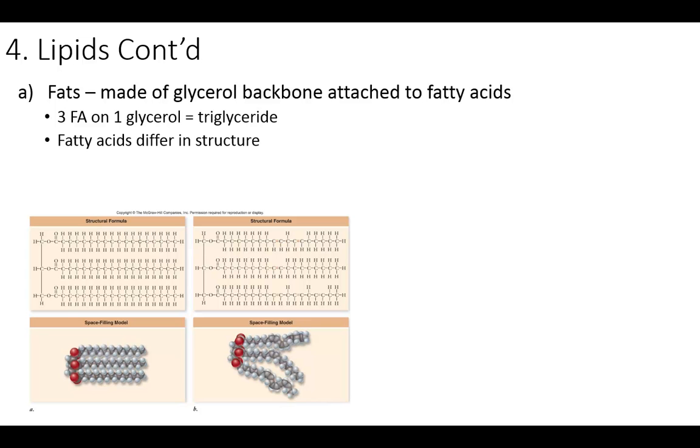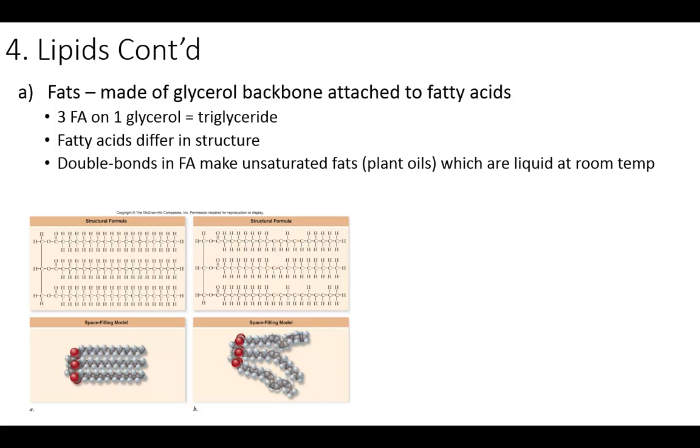Okay, the fatty acids are not all the same, and they differ in structure, and that's why lipids take on different shapes or different structures, I guess, at the same temperature. So an unsaturated fat is one that has double bonds.